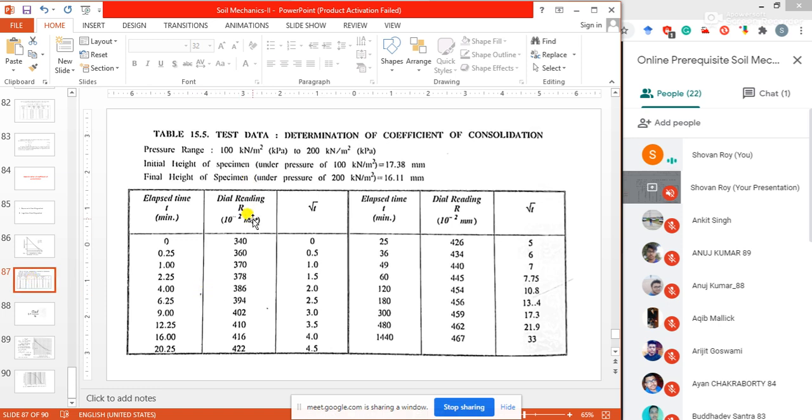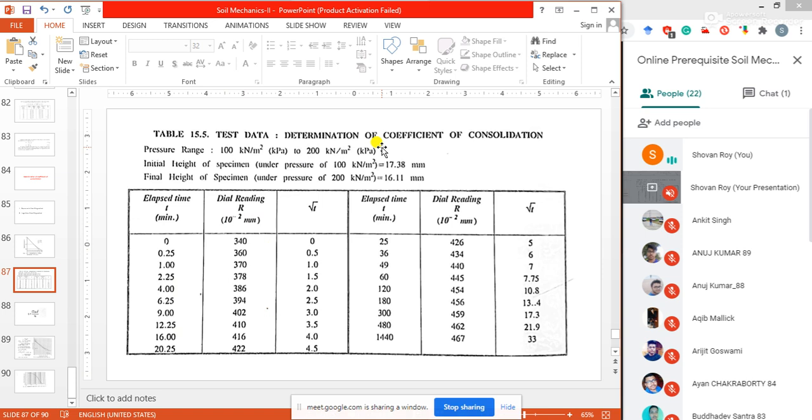The dial reading we also get from our laboratory test, because our specimen is settling due to load, so there will be readings of how much my specimen is decreasing in height. From the dial gauge reading we can calculate the actual settlement of our specimen, and these are the dial reading values.